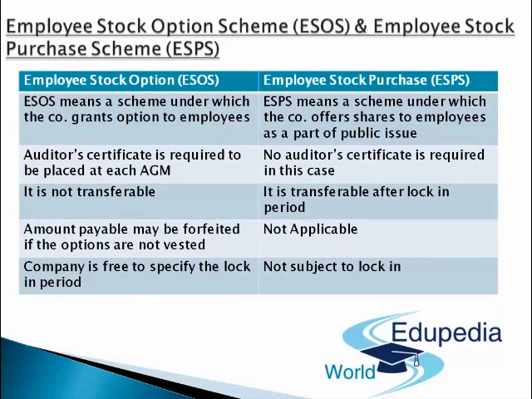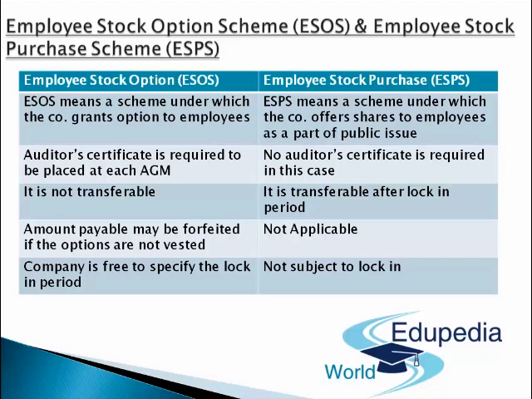First of all, the employee stock option scheme means a scheme under which the company grants options to its employees, whereas ESPS, the employee stock purchase scheme, means a scheme under which the company offers shares to its employees as a part of a public issue. That's the basic difference between the two. With ESOS, the company grants the options to the employees. In ESPS, the company offers shares to employees as a part of a public issue.